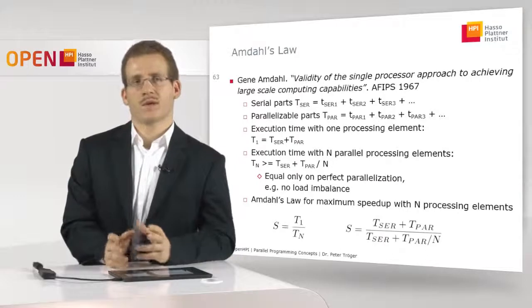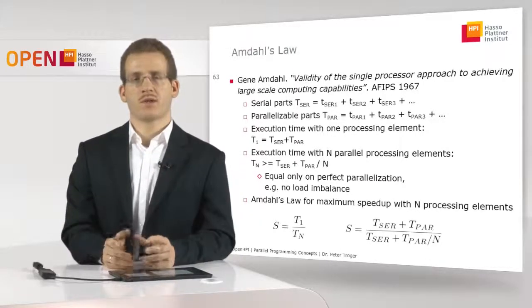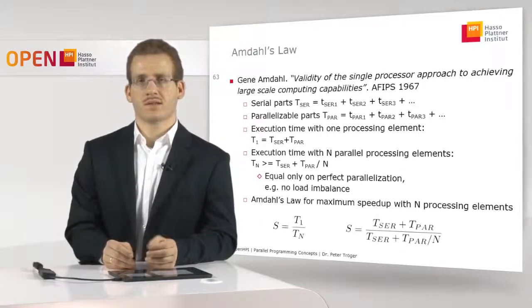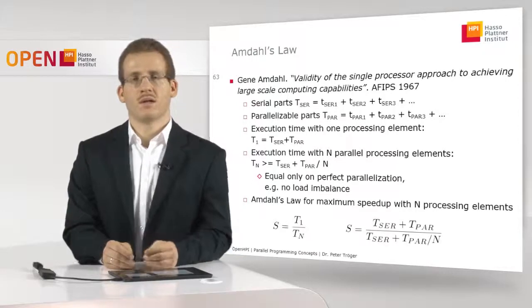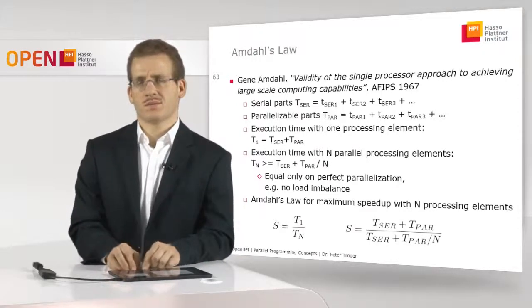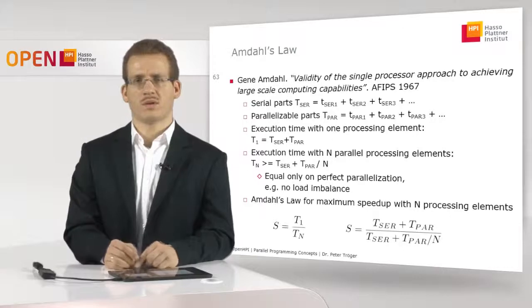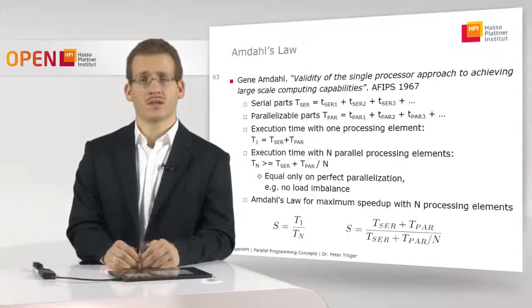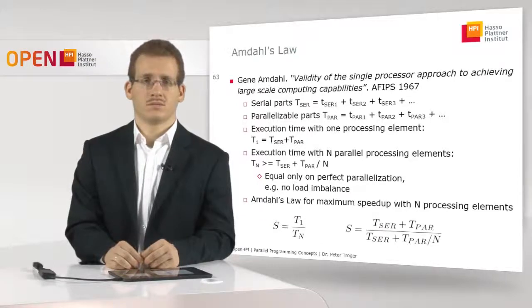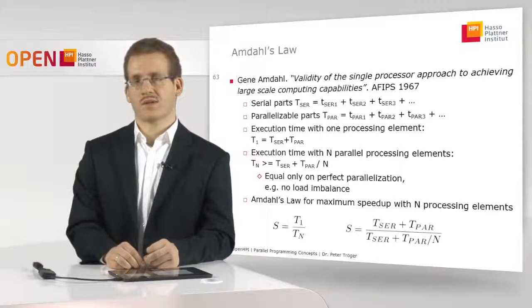And this kind of relationship was formulated by Jean Amdahl in 1967 in the so-called Amdahl's law. The original paper only has a small comment about this relationship, but later people formulated it in an overall equation that is now a commonly accepted and very relevant aspect of parallelization.